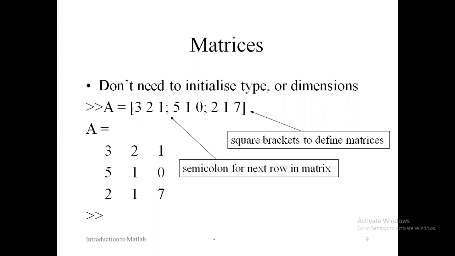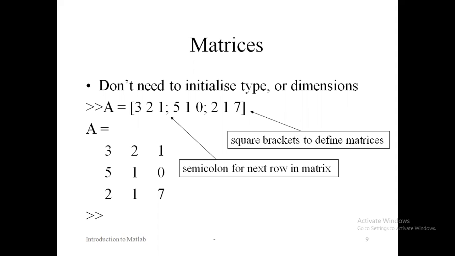Suppose you have a 3x3 matrix, then how will you enter it into MATLAB? Let us suppose you have this matrix: 3 2 1, 5 1 0, 2 1 7. You want to enter it into MATLAB. This is the kind of notation by which you can enter a matrix.